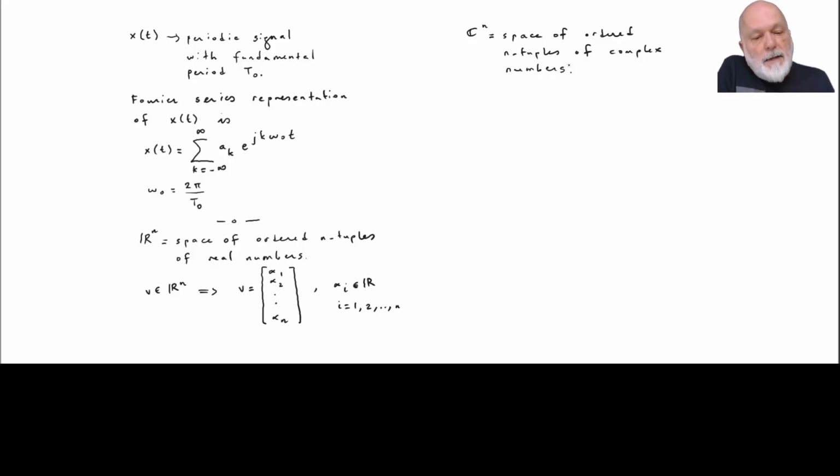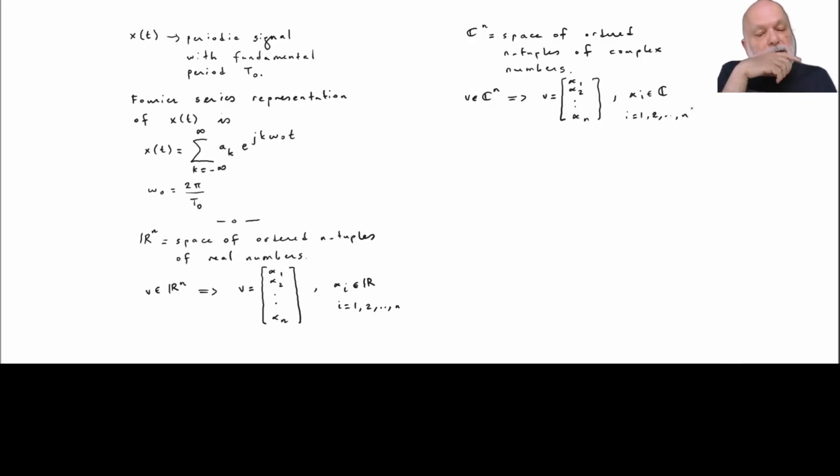The idea is just the same, except that a vector in Cn can be represented by a vector with entries alpha 1, alpha 2, up to alpha n, and each alpha i is a member of C, the complex number set, for i running from 1 to n.